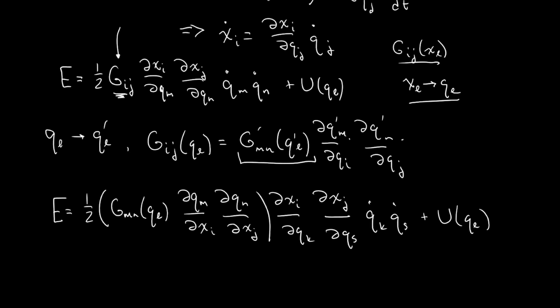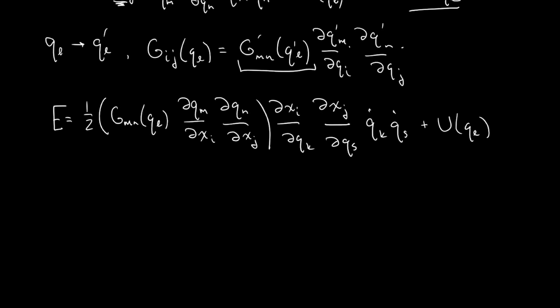But now, let's look at something. If I look at the product of these two things, I have something like dq_m, dx_i, dx_i, dq_a. Well, this is just essentially backwards chain rule, right?